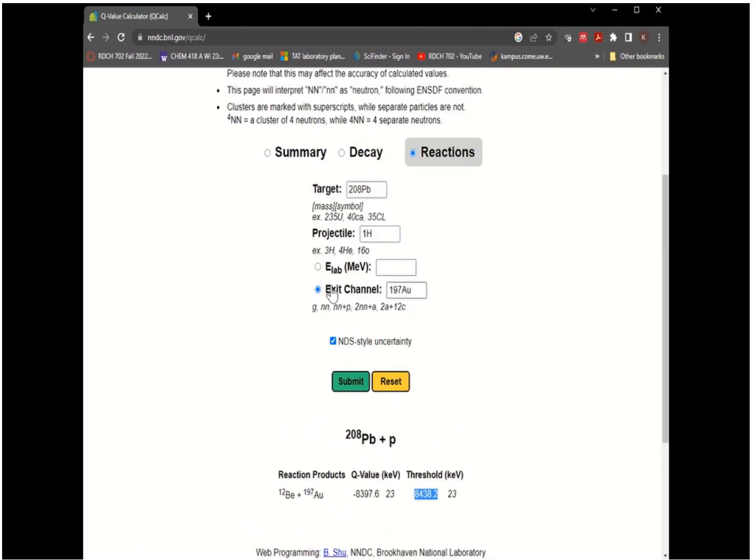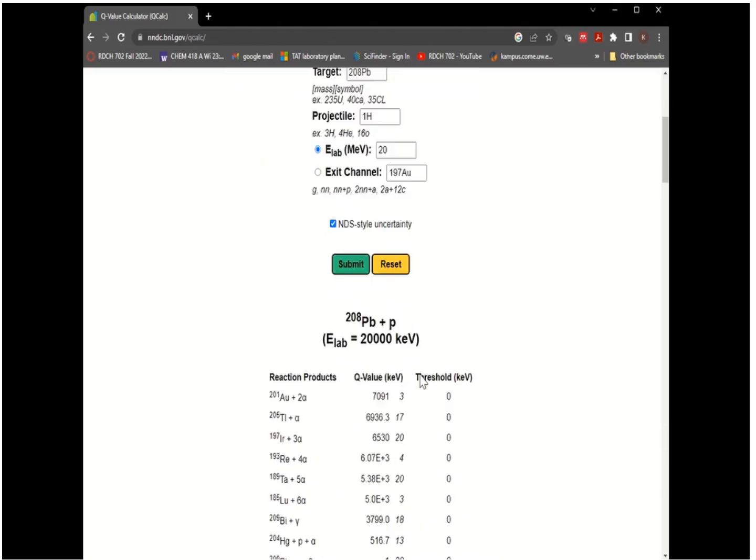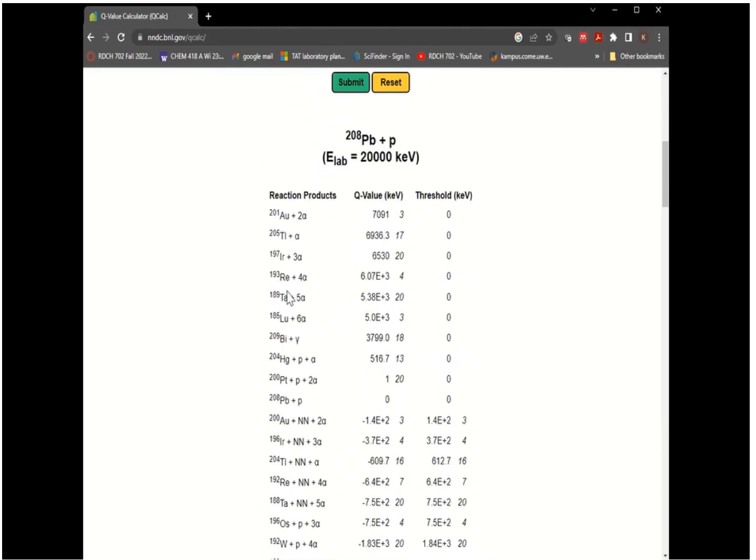Now let's say I did this reaction at a certain energy. What I also want to show is that when you discuss a nuclear reaction, often many different types of reactions occur. So we'll use lead-208 as a target, our proton as a projectile, and 20 MeV as the proton energy on target. These are all the different types of reactions that can occur.